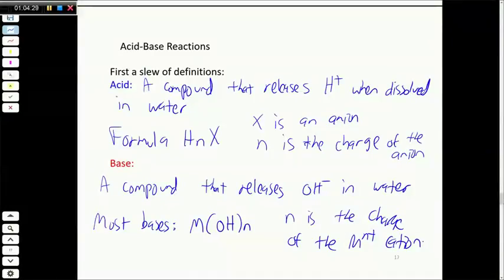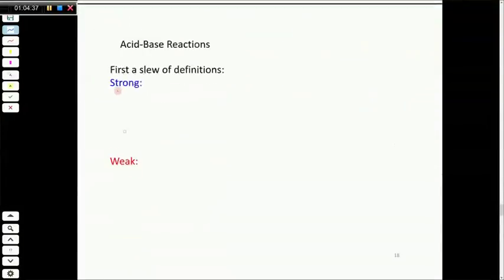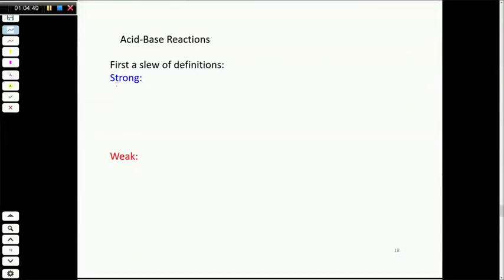Now within acids and bases, we sort of talked about this a little bit when we were discussing electrolytes at the very beginning of this chapter last time. We have what are called strong and weak acids and bases. So we have to be able to recognize which ones are strong and which ones are weak. That's going to be important for their chemistry that we'll talk about.